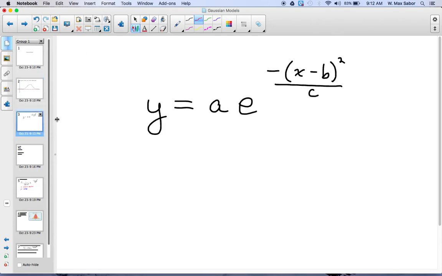This is what your curve looks like in terms of an equation. A stands for amplitude. Now it's just a coincidence that it has a useful letter name. We're just using A, B, and C as our parameters. B is our horizontal shift.